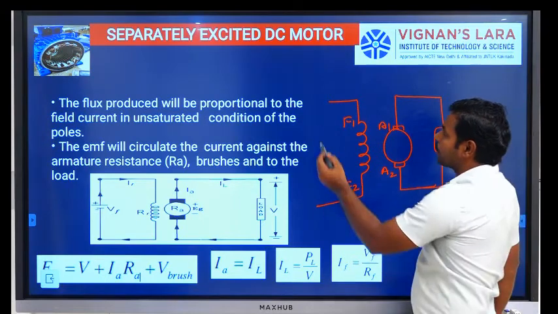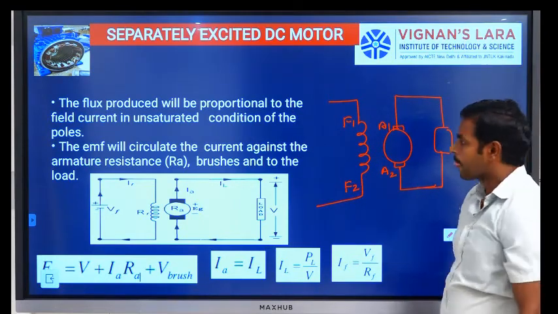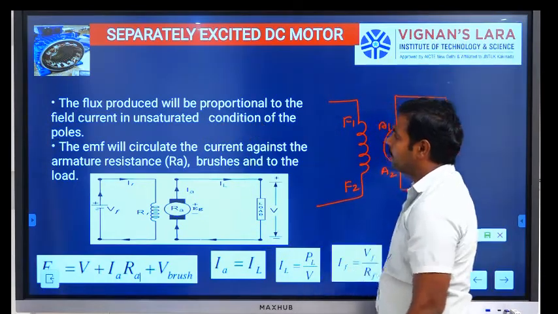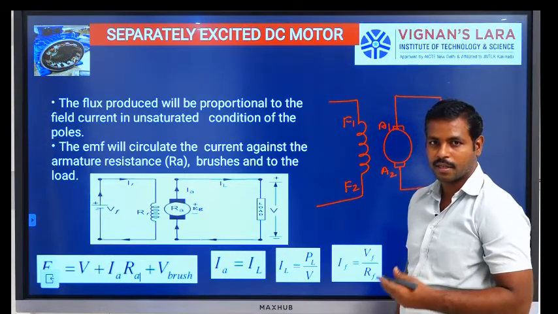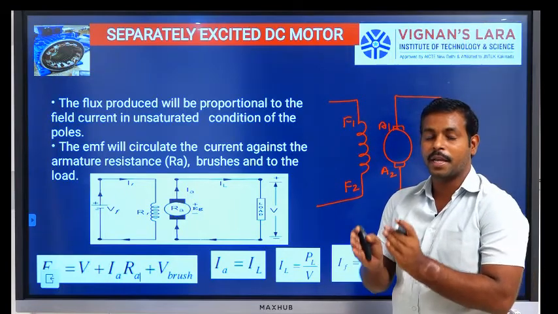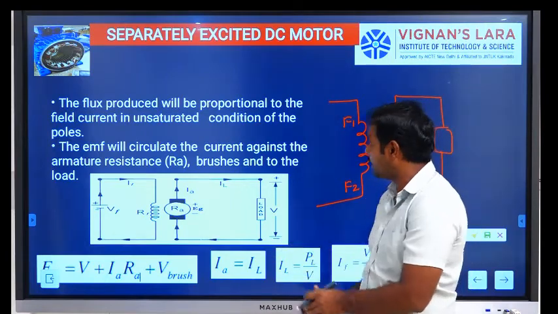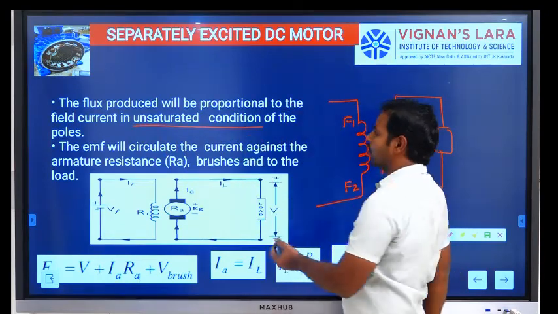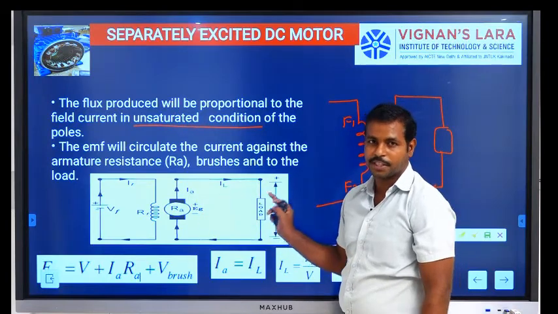In this, the first classification is the separately excited DC generator. The flux produced will be proportional to the field current in the unsaturated condition of the poles. Self-excited generators operate on the residual magnetism of the field poles, but in a separately excited machine the field poles are in an unsaturated condition.